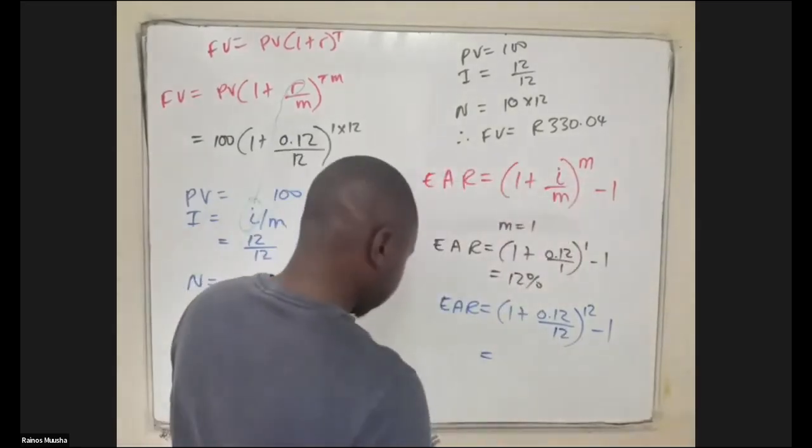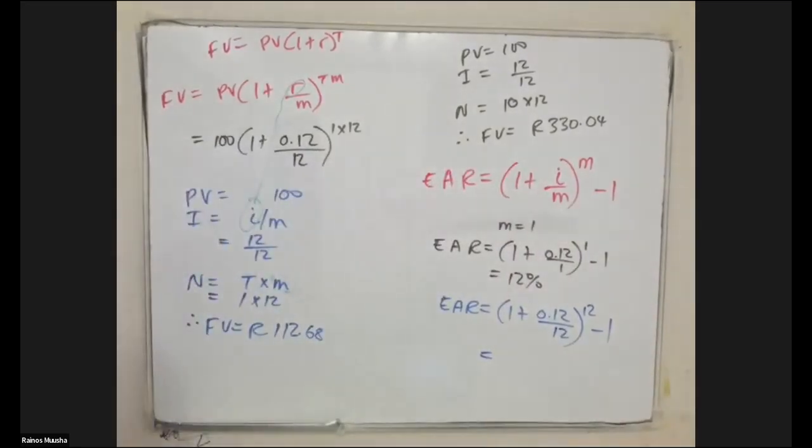So given this scenario, how much would you get as your effective annual rate of interest?